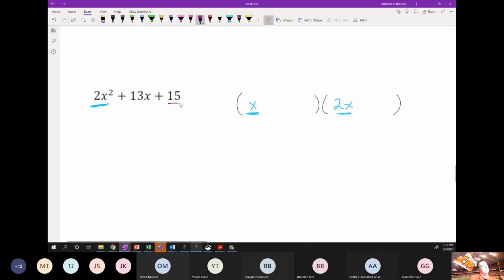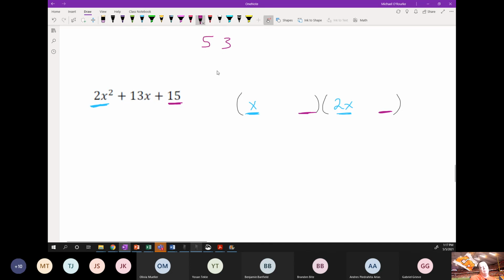Now, we need something that multiplies to get the 15. So what multiplies together to get 15? What's some different numbers? 5 and 3 could work. Good.